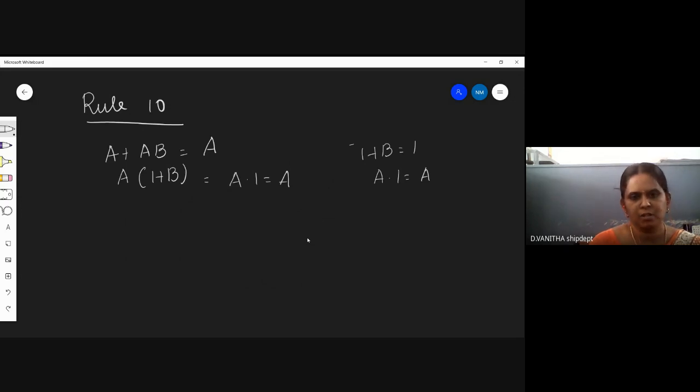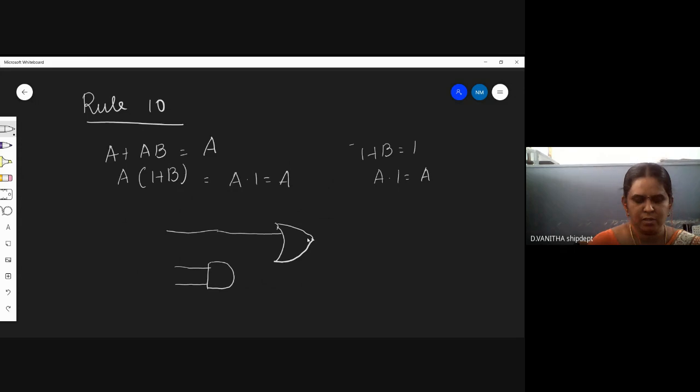This can be drawn by using logic gates. Here we have to take an OR gate. So this will be A. So this will be A. Next, AB can be taken like this way.